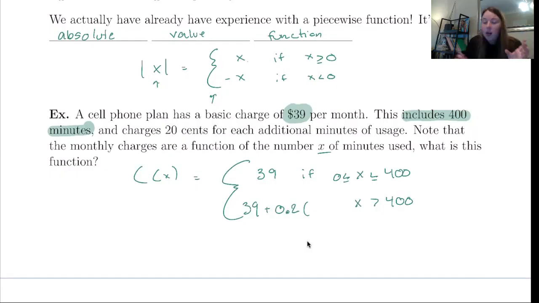So if I talked for 500 minutes, my additional would be 100. So I took that 500 and what did I do to get to 100? I subtracted 400. So X minus 400.